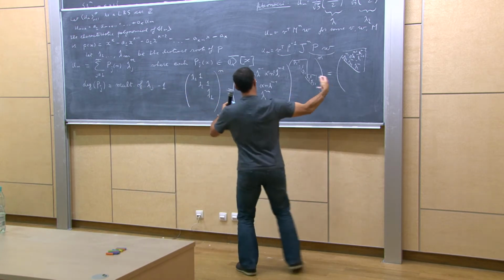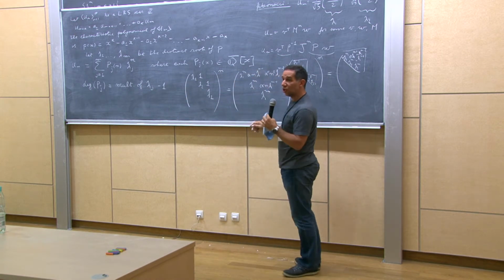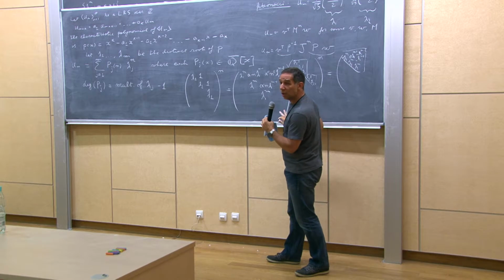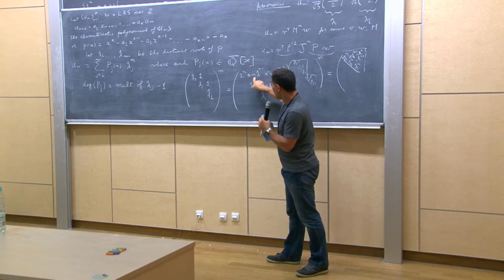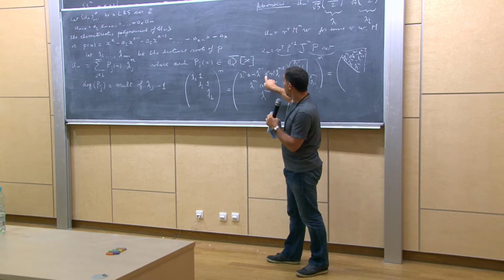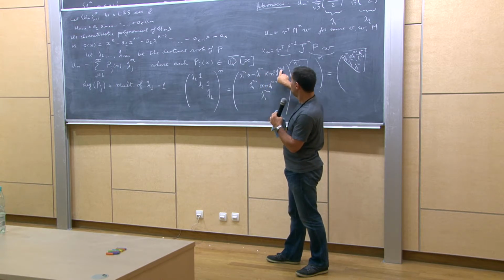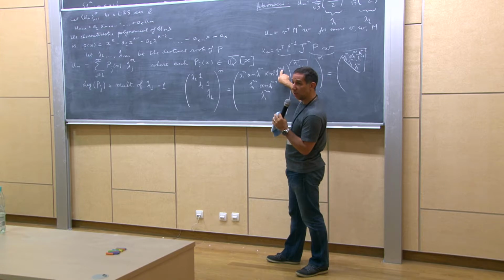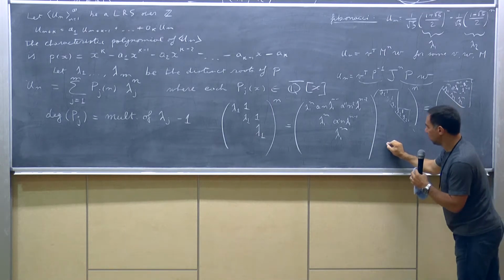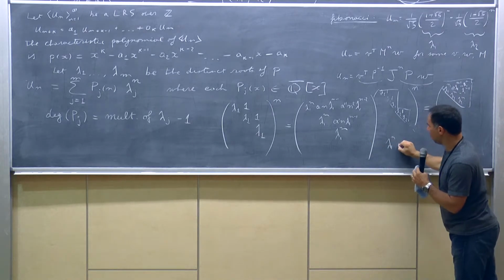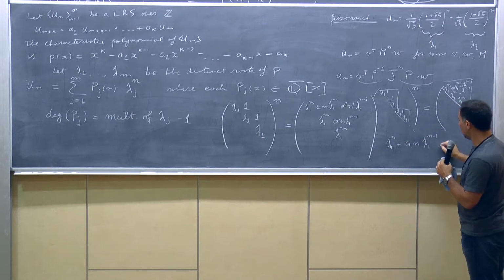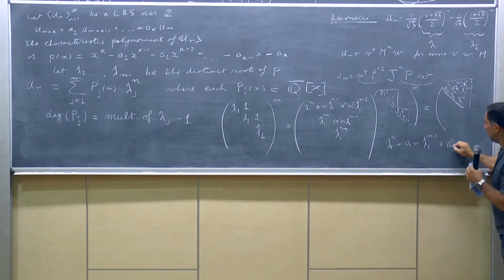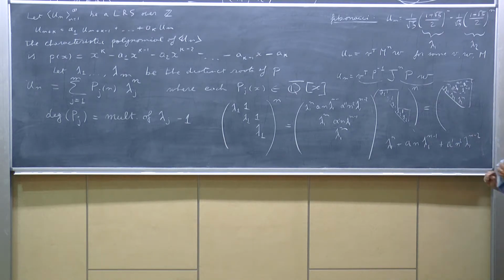Now, I have this post-multiplication, this pre-multiplication. So I get a linear combination of terms of the form lambda 1 to the n, a times n times lambda 1 to the n minus 1, a double prime times n squared times lambda 1 to the n minus 2. So suppose I have something like this: lambda 1 to the n plus, let's just say, a n lambda 1 to the n minus 1 plus a prime n squared lambda 1 to the n minus 2.